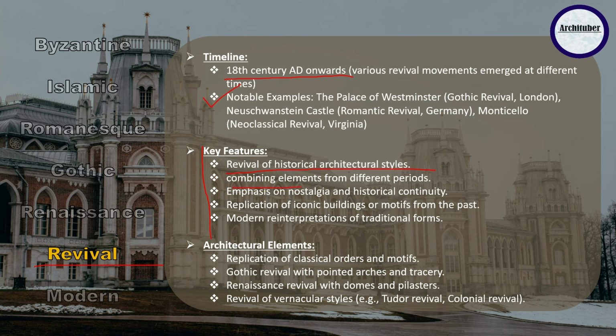Combining elements from different periods, emphasis on nostalgia and historical continuity, replication of iconic buildings or motifs from the past, and modern reinterpretations of traditional forms. So these are the architectural elements: replication, then Gothic revival with pointed arches and tracery, then Renaissance revival with domes and pilasters, and revival of vernacular styles.